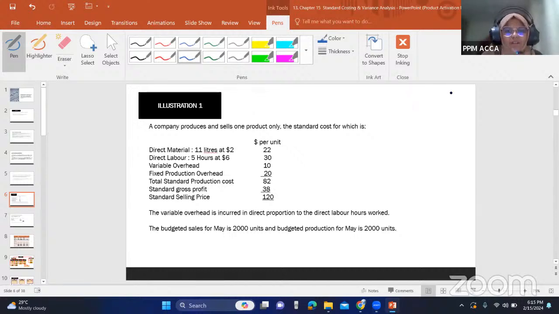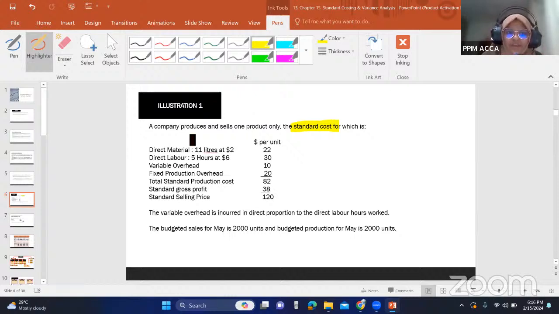The standard cost for which is direct material 11 liters at $2 a liter, 22. Now, before I read this, you have to understand what this standard cost is. Standard cost means, if you are going to make one product, let's say a chair, how much it should cost you to make this chair.